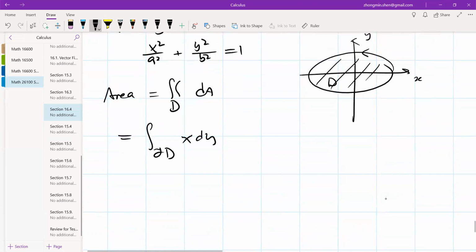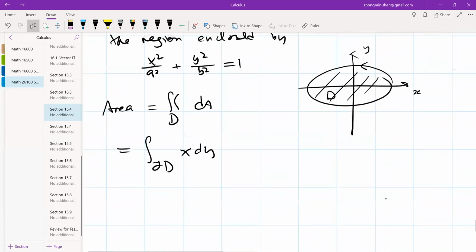This is simple. You have to parameterize that: x equals a cosine t, y equals b sine t, t between 0 and 2 pi.